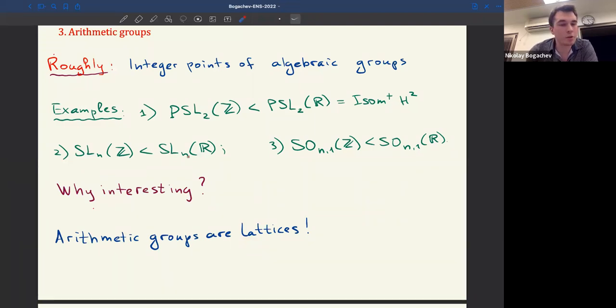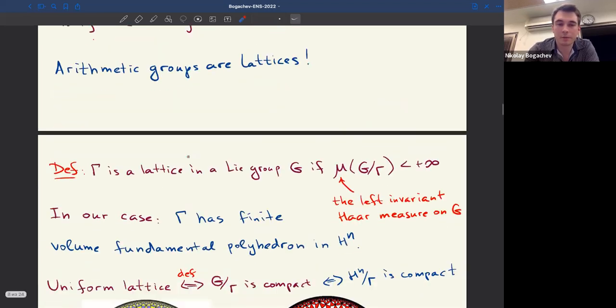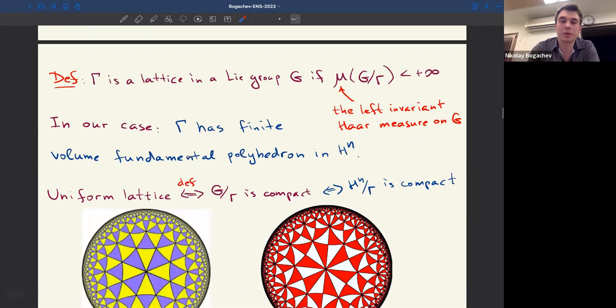The natural question is why they are really interesting. Actually, arithmetic groups are lattices, meaning that they always have a finite volume fundamental domain in the corresponding space.